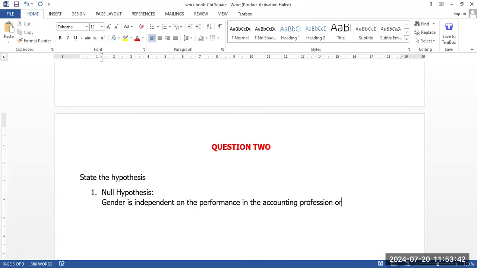Or another person can say the performance in the accounting profession does not depend on gender.